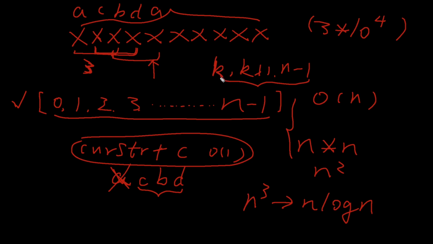So the possible duplicate string size can only be on the left side, which is from 0 to k minus 1.